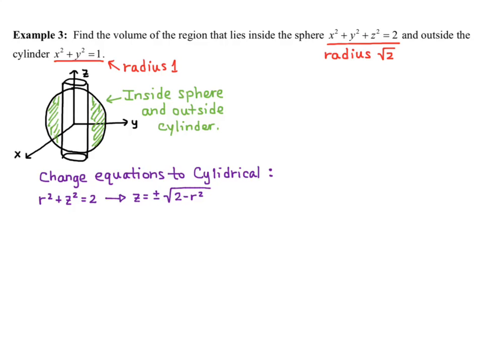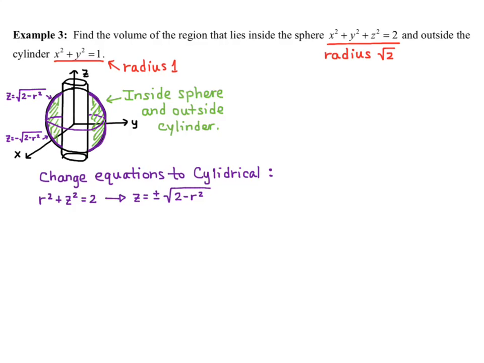So this tells me that my upper bound is going to be the positive square root because that's the top half of the sphere. The lower bound is going to be the negative square root because that's the lower half of the sphere. My bounds for z are only going to include the sphere because basically I'm not worrying about the cylinder with my z bounds.